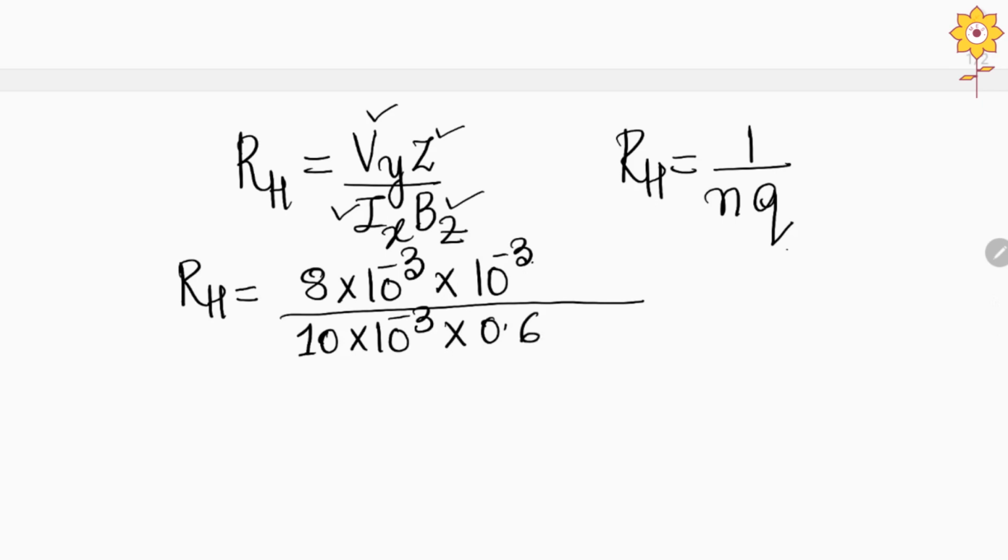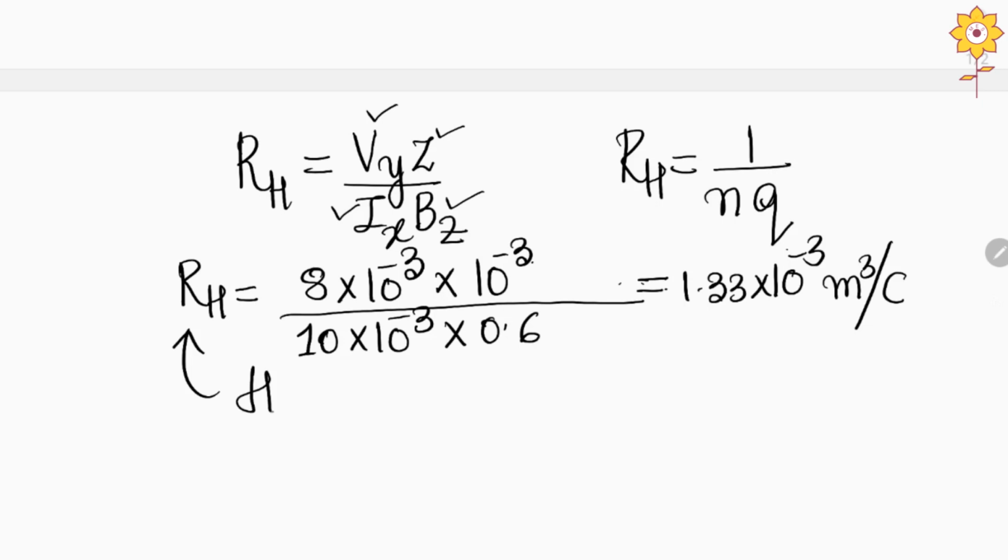Now, if you work this out, students, you can check it out, the value actually turns out to be 1.33 into 10 raised to minus 3. Units of this are meter cube per coulomb. This is also called the Hall coefficient.